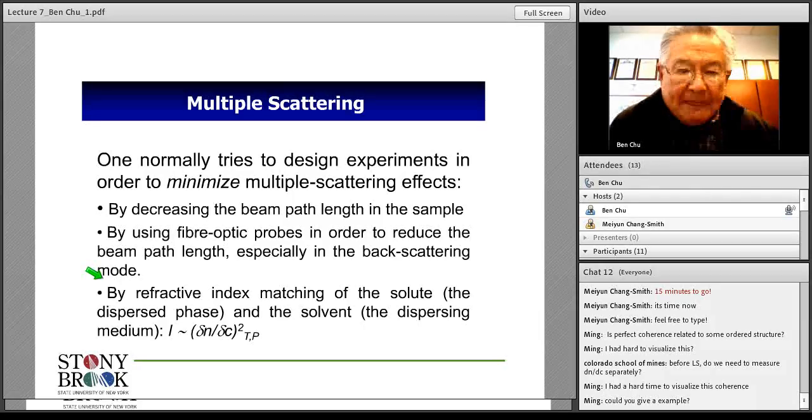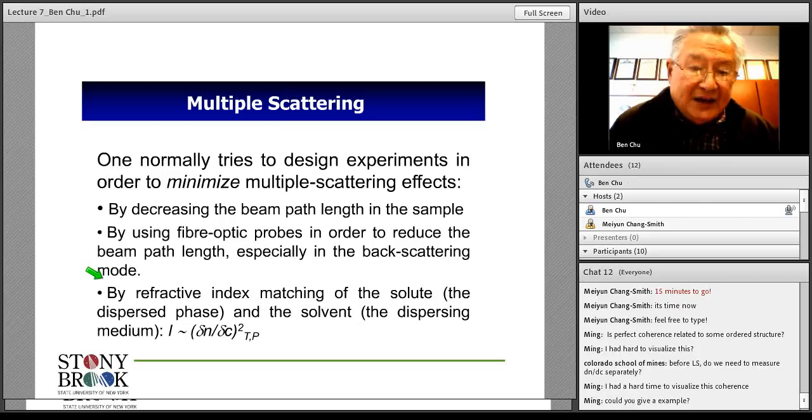However, for most of the systems that you work with, the dn/dc is already known. And for new materials, you can also make approximations, because if you want to get orders of magnitude, you do not necessarily need to measure the dn/dc. But if you want precise values, you do need to measure it.